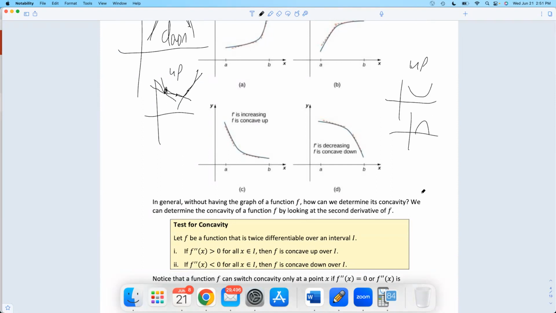Now, here's where that's going to confuse you, because look at that point right there. This is concave up. That means the second derivative would be positive. That spot right there is a local min. And here, I'm concave down.